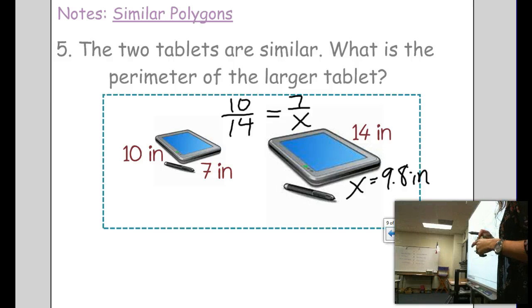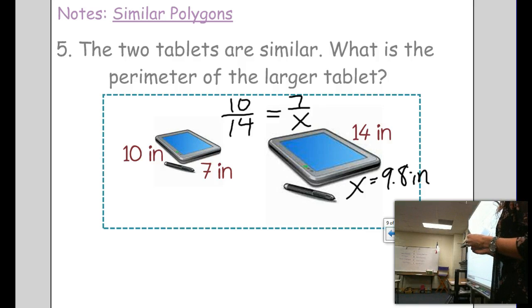Dimitri. Kendall? Perimeter. What's the perimeter of the larger tablet?